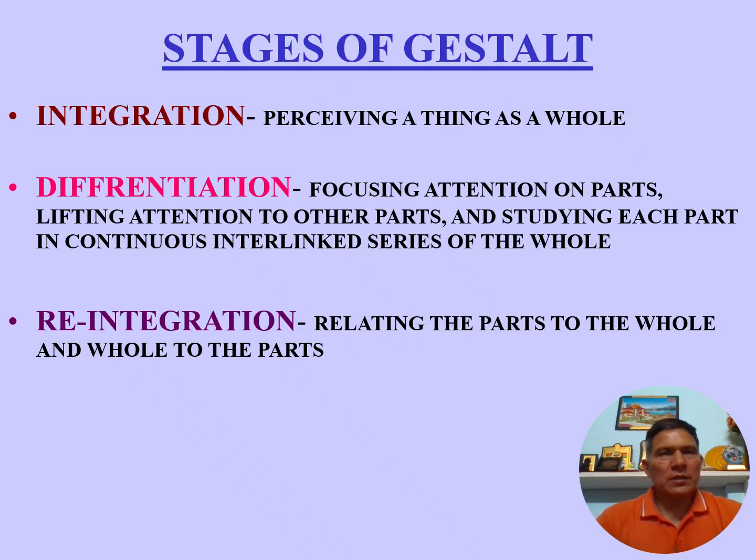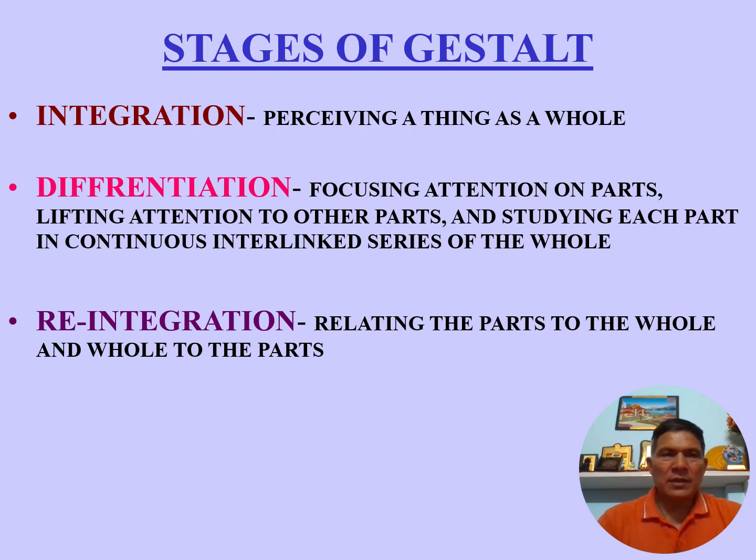What are the stages of Gestalt? First is integration, receiving a thing as a whole. And second is differentiation, focusing attention on parts, shifting attention to other parts, and studying each part in a continuous interlinked series of the whole.